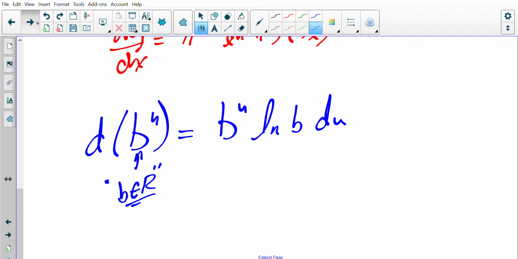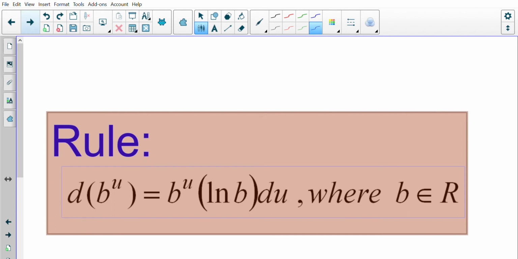Again, I have a nice graphic here. This is the rule that we would use to differentiate any exponential function, base whatever number you want, as long as it's a number. Now if this is an x and raised to something, then that's a different process altogether.